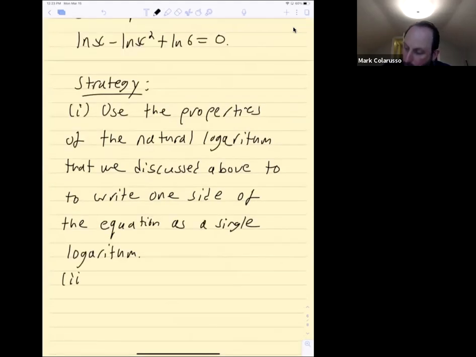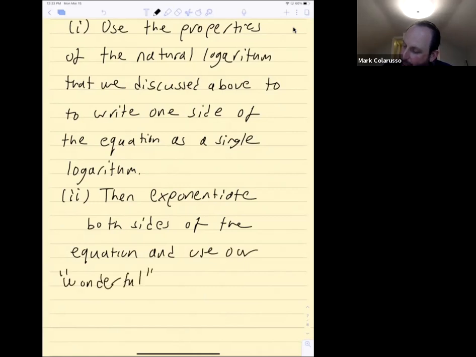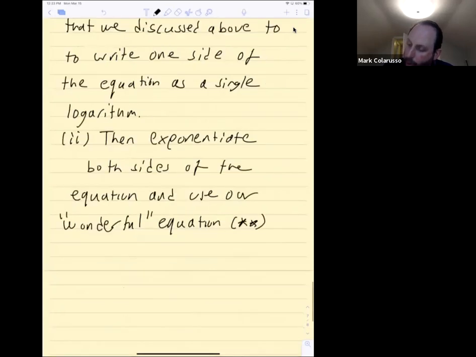And then two, once you've done that, exponentiate both sides of the equation, and use our wonderful equation double star, which is this equation e to the ln x equals x, to obtain an algebraic equation for x.